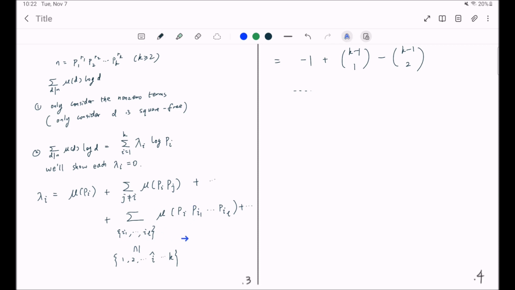For the general term here, it will be negative 1 raised to the power L plus 1 times k minus 1 choose L. And now if you pull out this negative 1 to the front, you will get, now let me rewrite this.